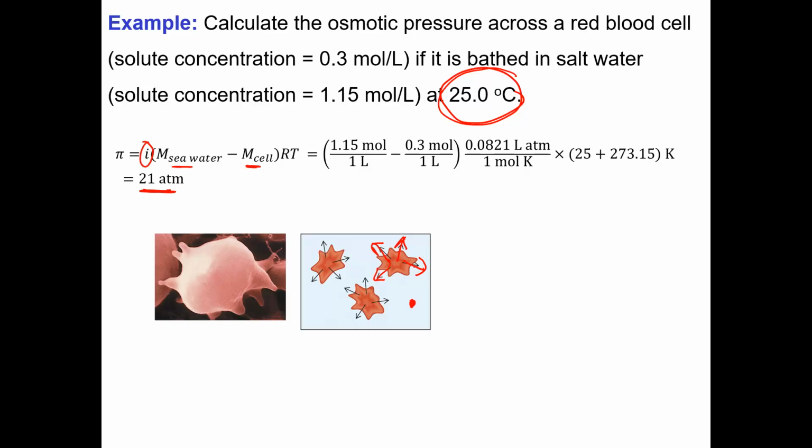Just giving that some context, 21 times 14, that's about 294 psi. It's not really going to work out very well. That's about 10 times the pressure in your car tires, this is going to cause a problem for our cells. The poor little guys are going to get crushed and probably die.